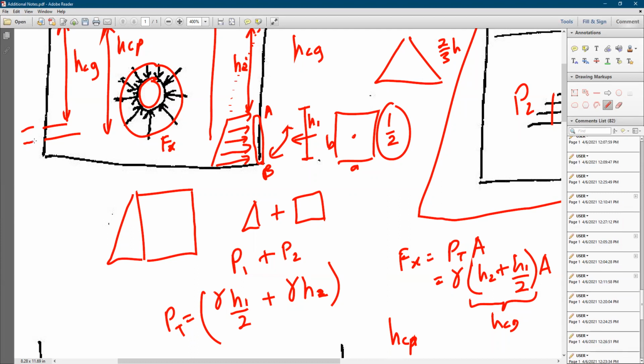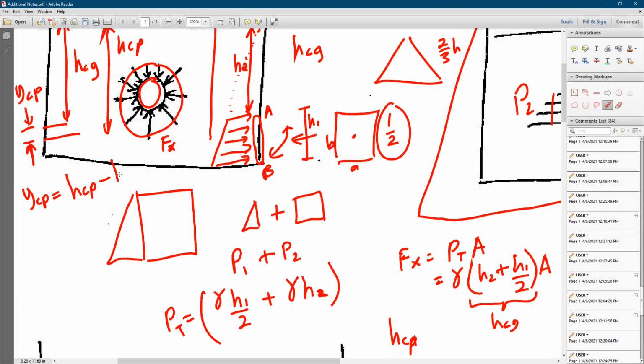And this gap here, the difference between HCP and HCG, we normally call it YCP. YCP is actually HCP minus HCG. This minus this one, then you get this difference. What is YCP? I forgot the formula.